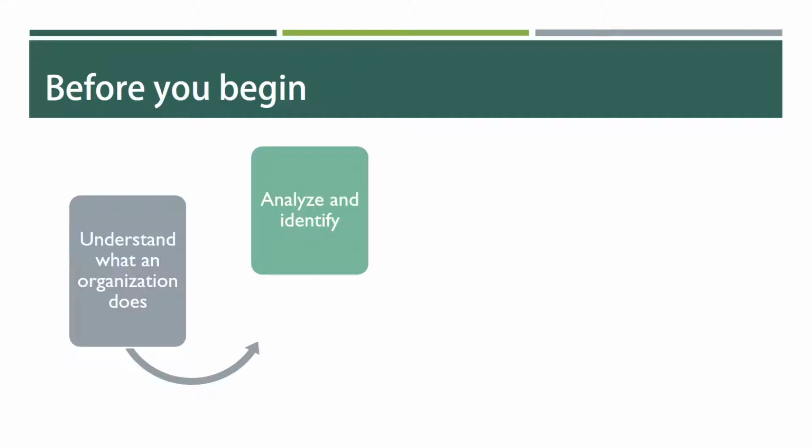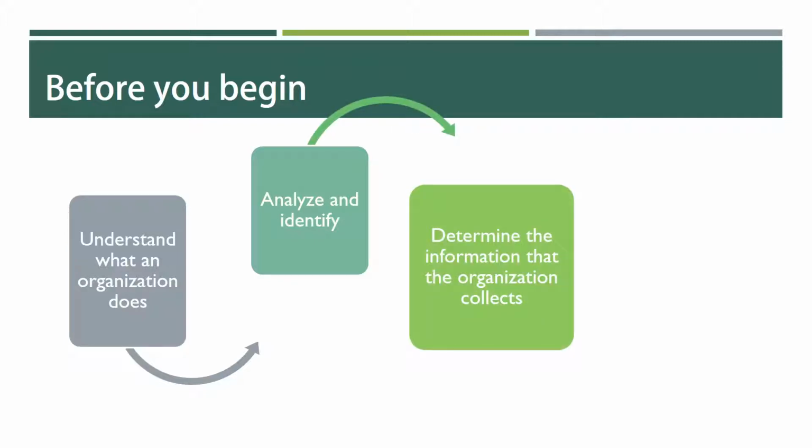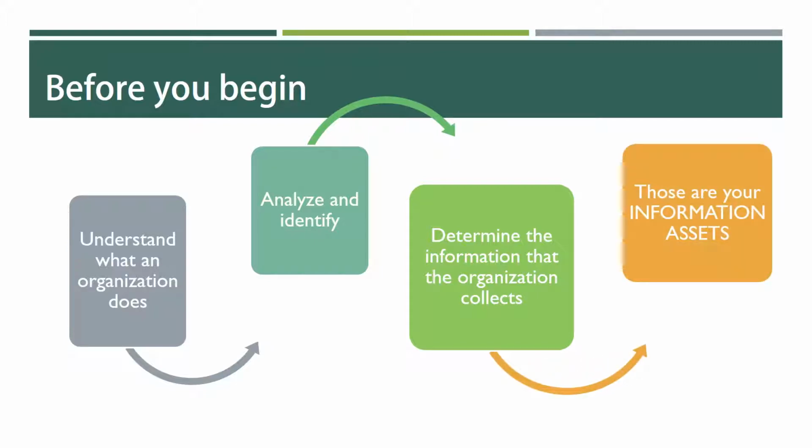Then you analyze the organization in more detail and begin to think about information assets and risk management. After that, you determine what the organization does. What are its outputs? What information does it collect in order to do what it says it wants to do? Once you do a thorough job of going through this analysis, you have identified your information assets.